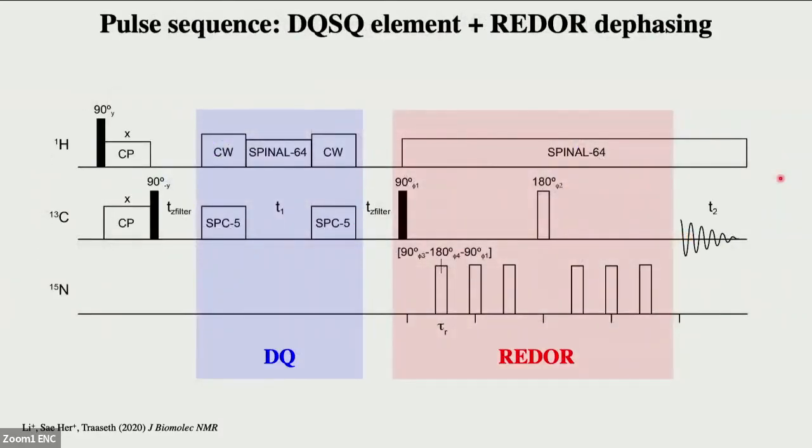This is a fairly simple pulse sequence that we published a couple of years ago, which is just a conjoining of a double quantum element with a REDOR dephasing element. So this is a pretty standard double quantum sequence, conversion, reconversion, followed by a REDOR dephasing element on the N15 signals prior to the detection of the signal.